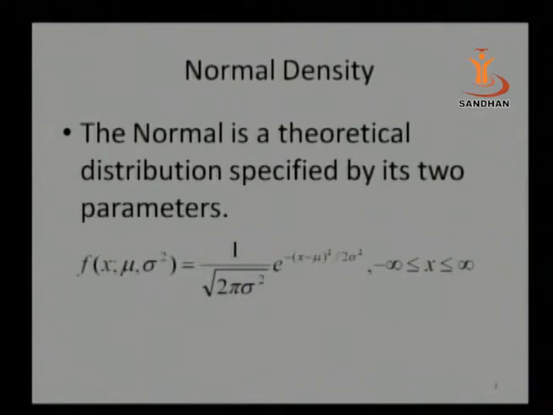Here again, you know the normal density. The normal is a theoretical distribution specified by its two parameters, mean mu and variance sigma square. Here variable x can take values from minus infinity to plus infinity, and the PDF is given as 1 upon root 2 pi sigma square multiplied by e raised to minus (x minus mu) square divided by 2 sigma square.